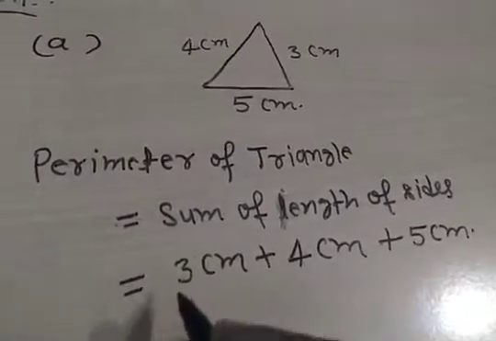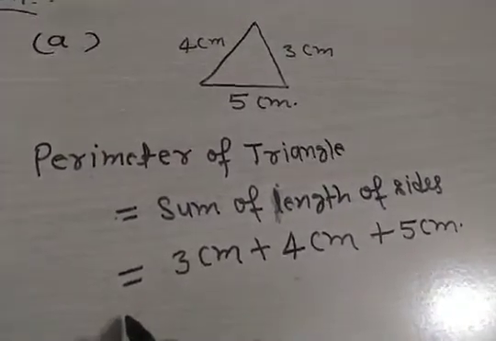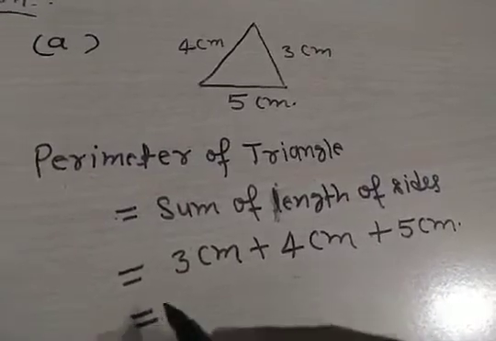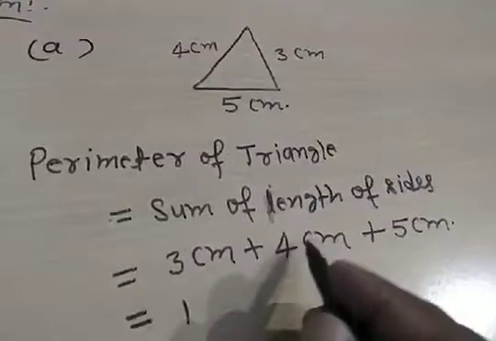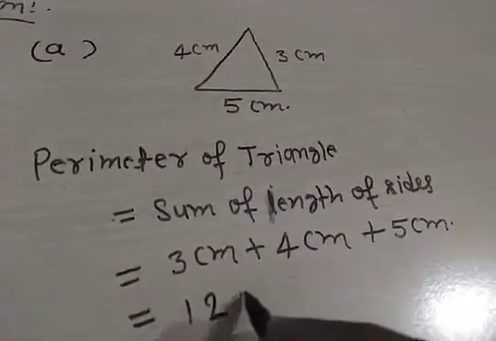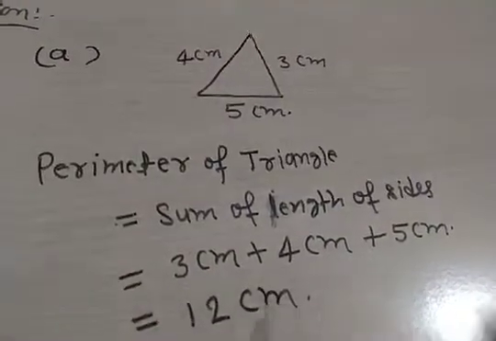So 3 centimeter plus 4 centimeter plus 5 centimeter. Sum it. 3 plus 4 is 7, 7 plus 5 is 12. This is equal to 12 centimeter. Clear?